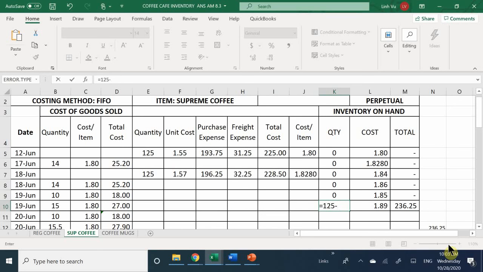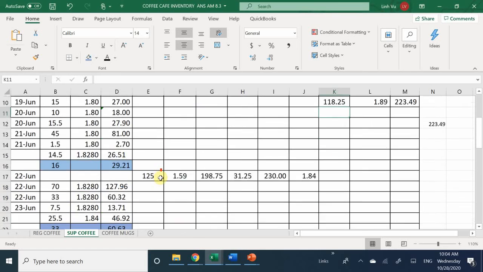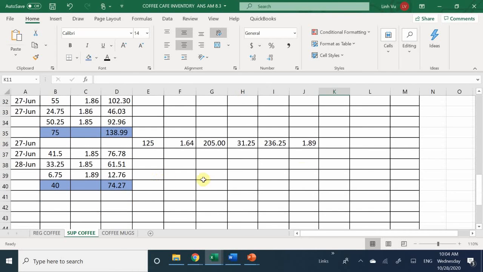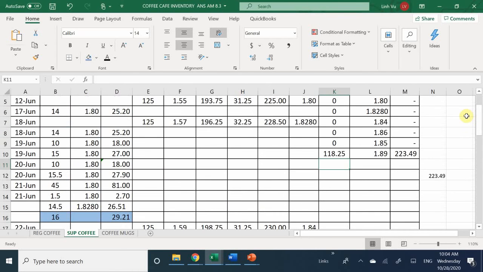That comes to 118.25. So good. It ends with a 9. 9 plus 6 equals a 5. Good. So we have no rounding issues here.